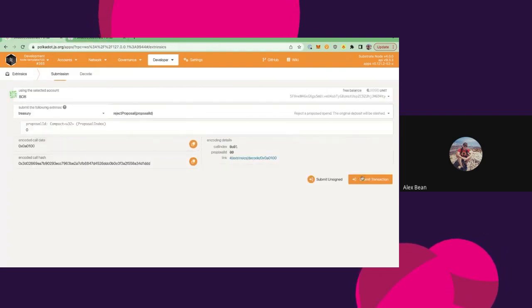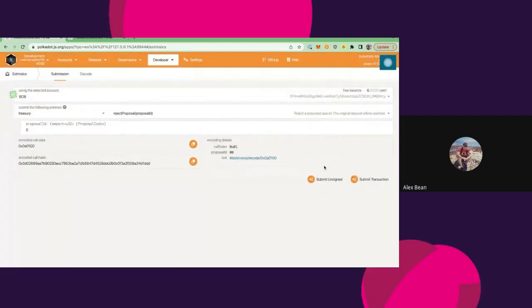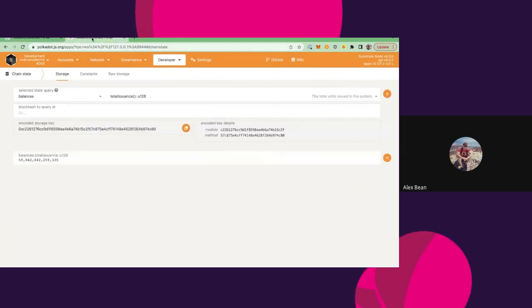So now Bob is going to reject his proposal, so that means he's going to lose his unit. We're going to burn one unit, delete one unit from the system. So what the balances pallet does is it balances the total issuance. Now instead of 60.4, it's 59.4.